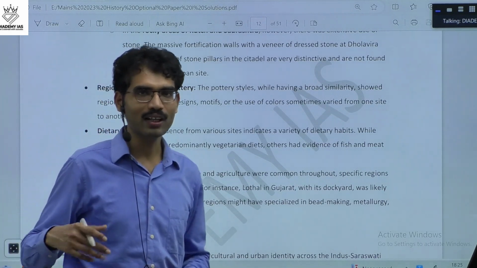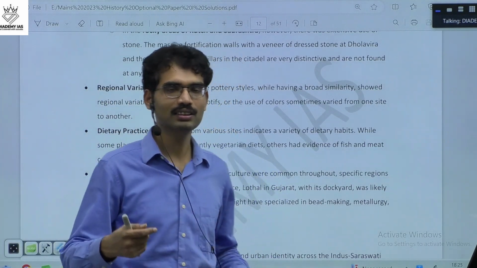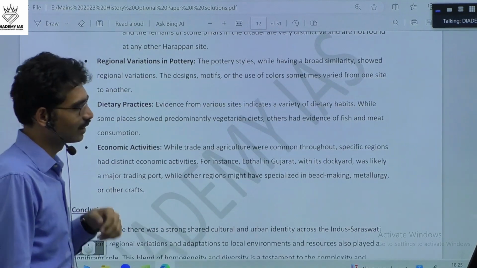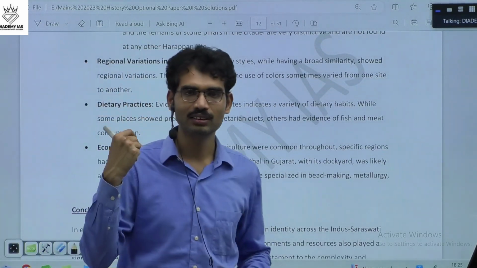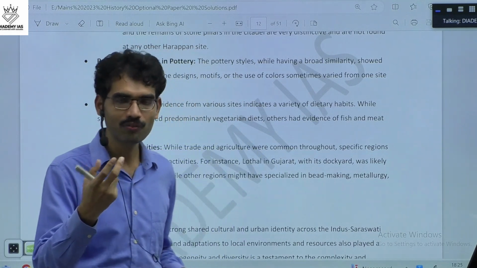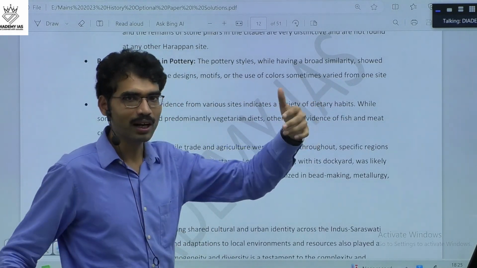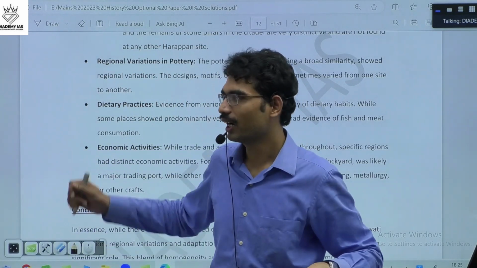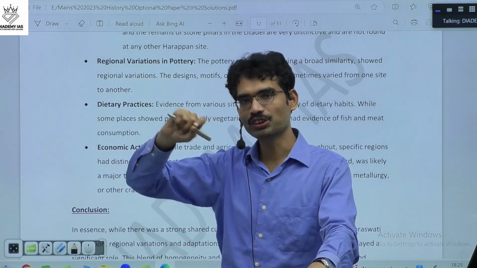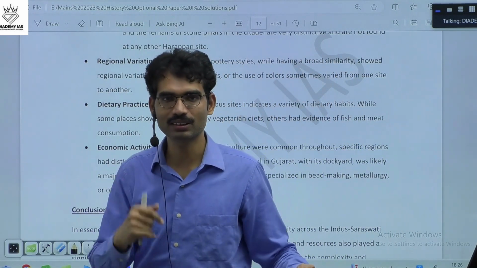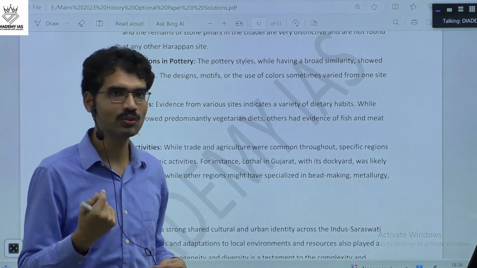Common pottery is black on red ware, but in different regions, different types of pottery were available. Dietary practices: in the northwestern part of India, wheat and barley were used. And in the coastal area, fish was an important dietary practice. Again, differences. Same differences today also we see.